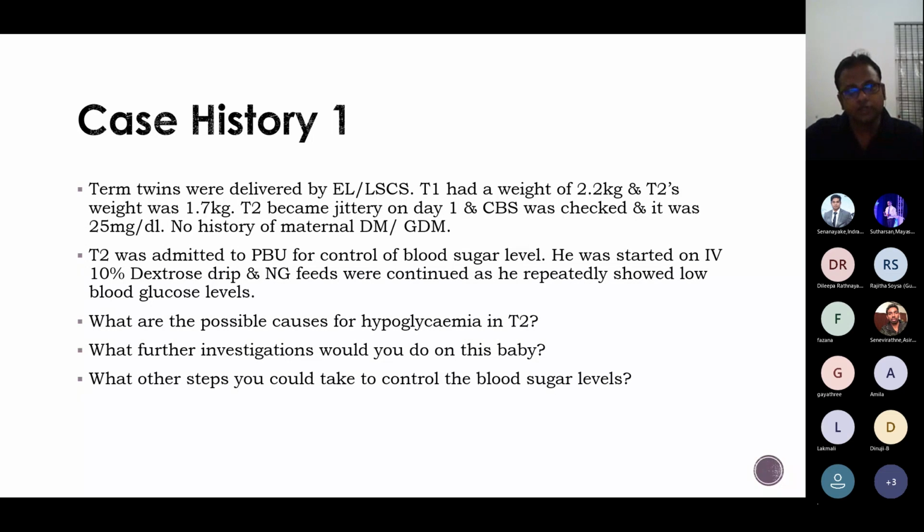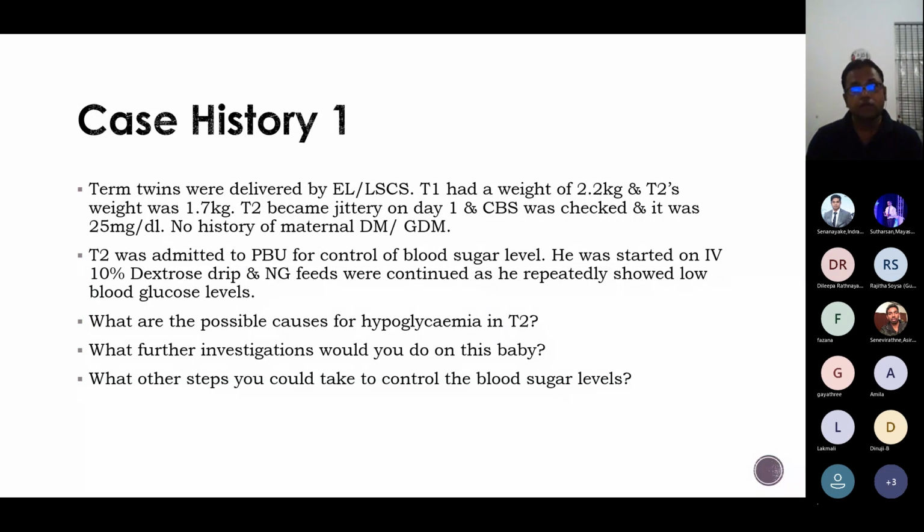One reason being their sugars are usually a bit on the lower side. So whenever we get a low glucometer reading, we always have to confirm it with a lab sample. We have to send a sample to the lab, but we should not delay the treatment of that child, especially if the child is symptomatic.